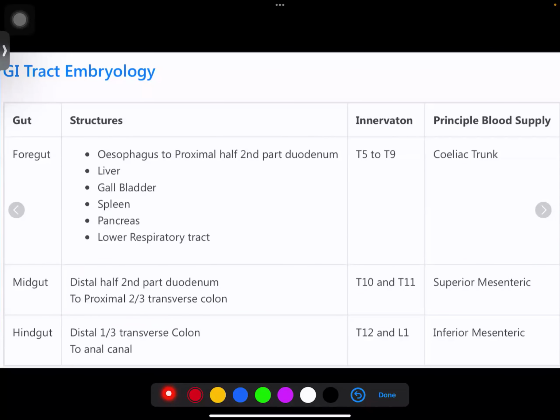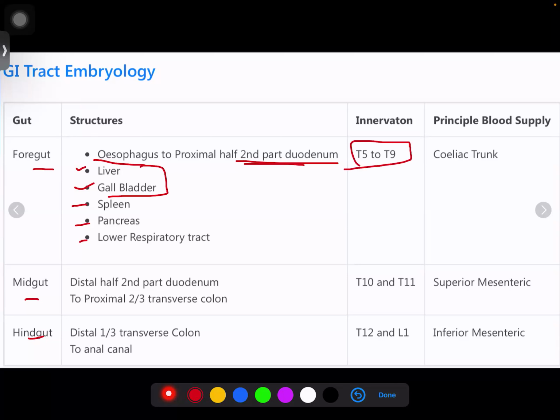ये देखें, ये इम्पोर्टेंट स्ट्रक्चर्स हैं, वही एम्ब्रियोलॉजी, फोरगट, मिडगट और हाइंडगट। अब फोरगट के स्ट्रक्चर सारे पता हैं आप लोगों को, esophagus से सेकंड पार्ट ऑफ duodenum तक। Then there is the liver developing, liver and gallbladder, they develop from liver bud, you remember embryology, there's spleen, pancreas and lower respiratory tract. So the innervation of foregut is T5 to T9, and that is celiac trunk blood supply.